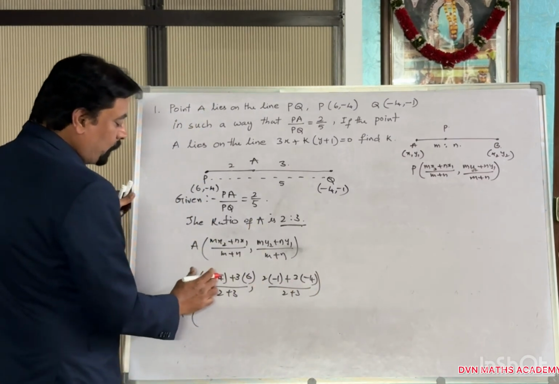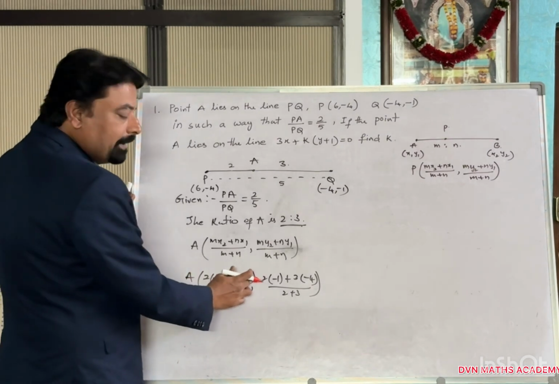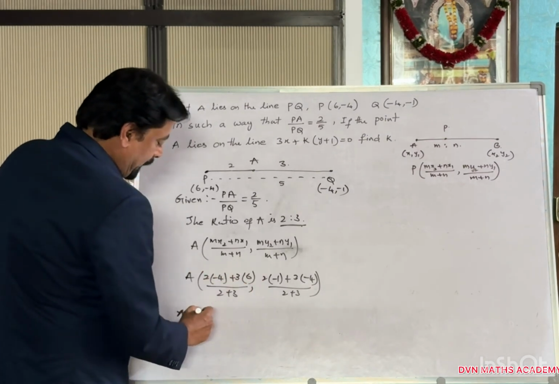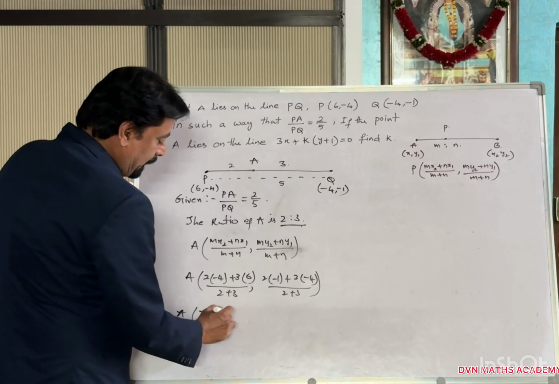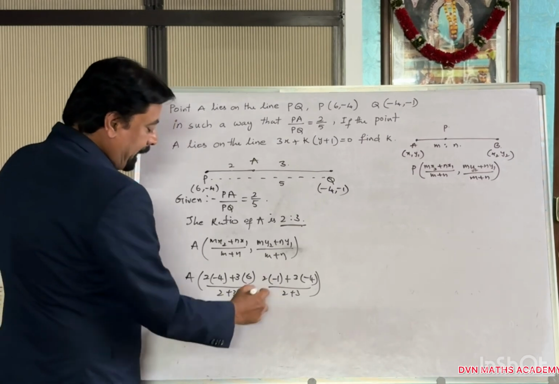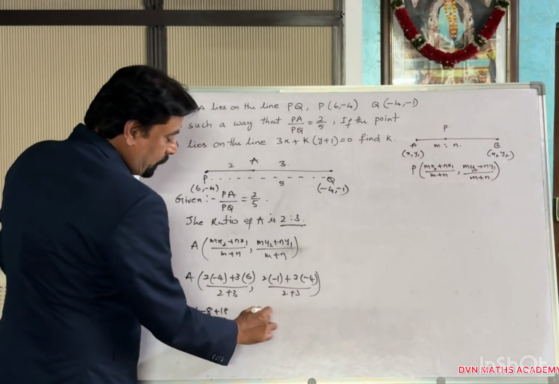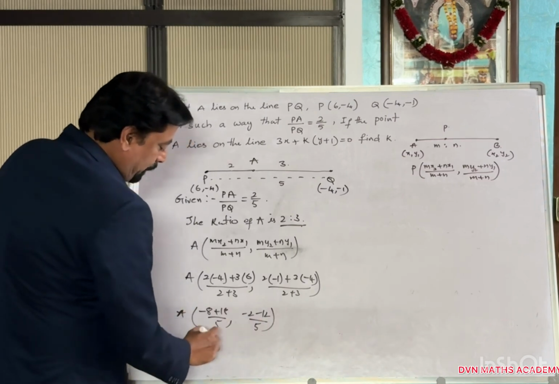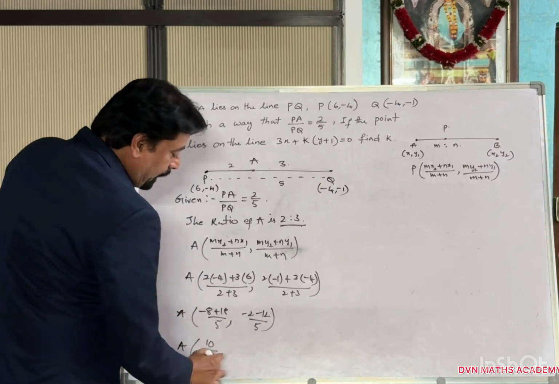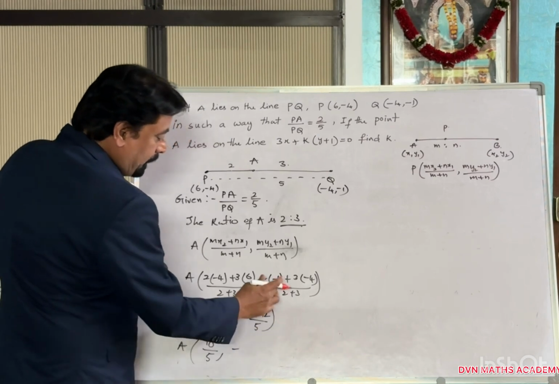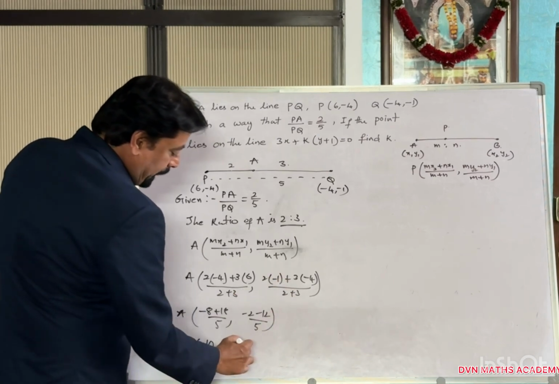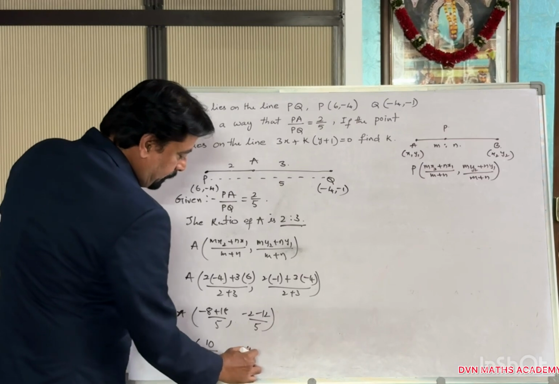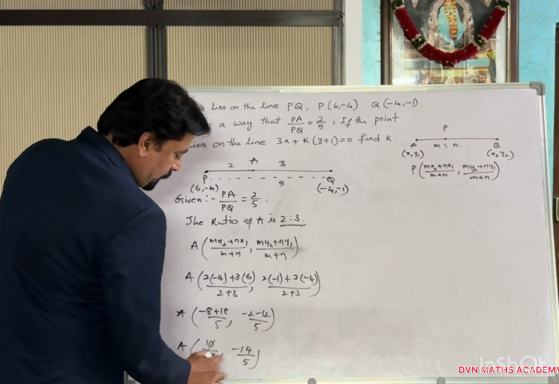Then A is equal to (2 into -4 is -8, plus 18) by 5, and (2 into -1 is -2, plus 3 into -4 is -12) by 5. So this becomes 10 by 5 and -14 by 5, which is 2 and -14 by 5.